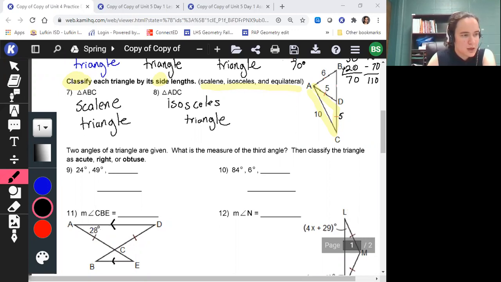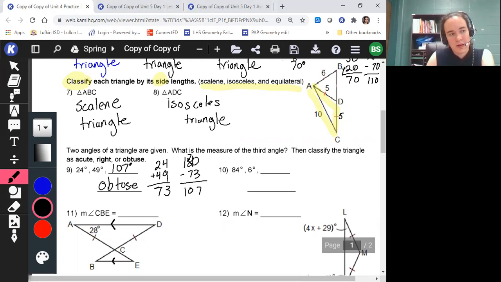And that gets us 73. And then subtract 73 from 180. And that gets us 107 degrees. And we have 24, 49, and 107 for our angle measures. That means we have an obtuse triangle because one of those angles is obtuse.